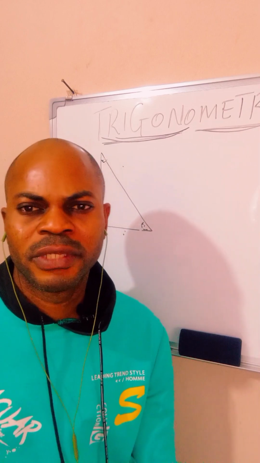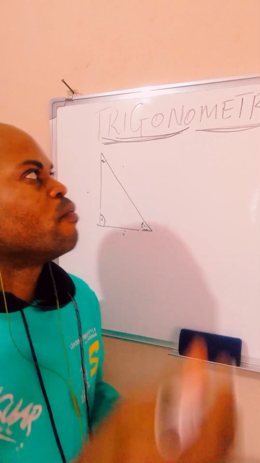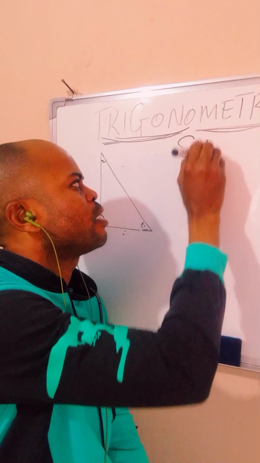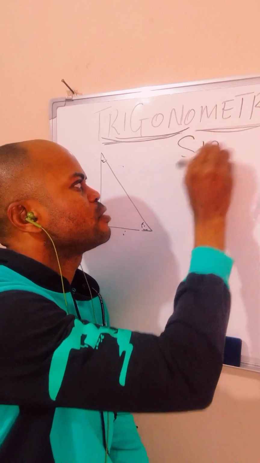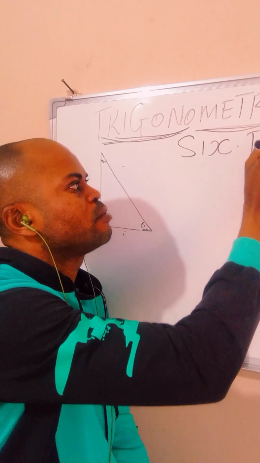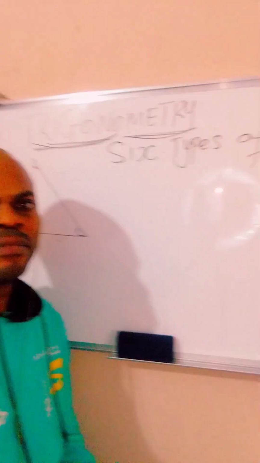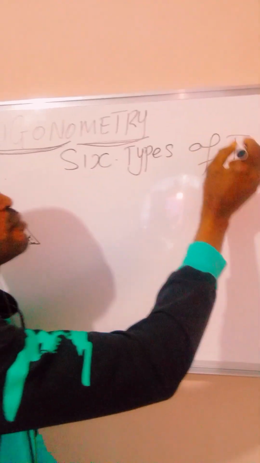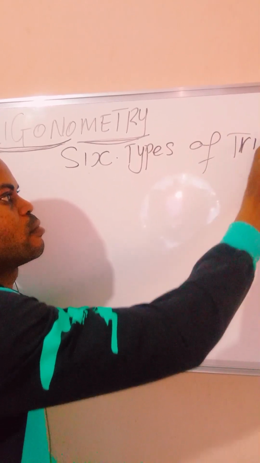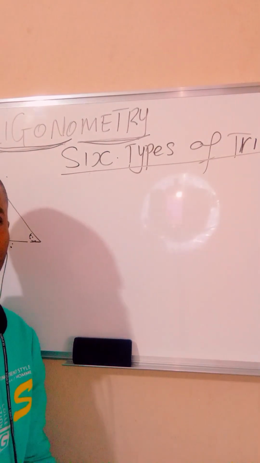Now, having understood that, it also calls for one to understand that we have six types of triangles.